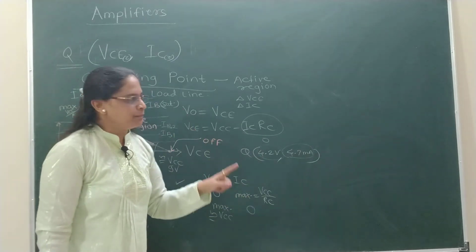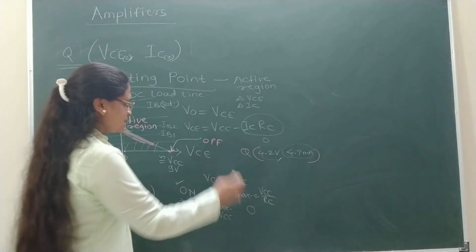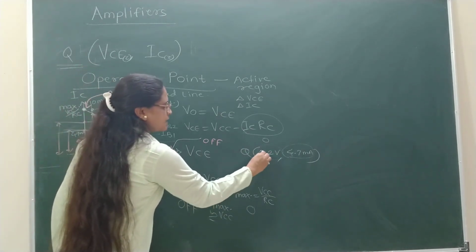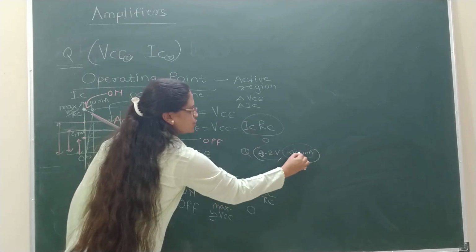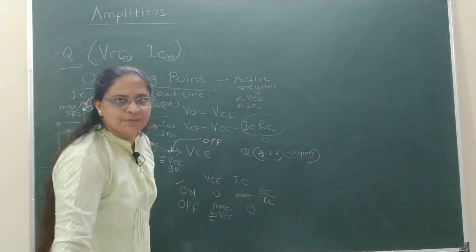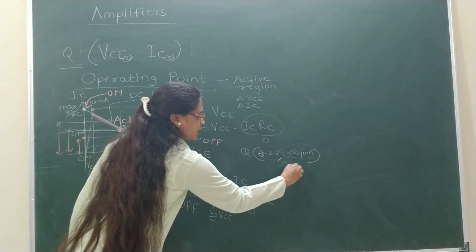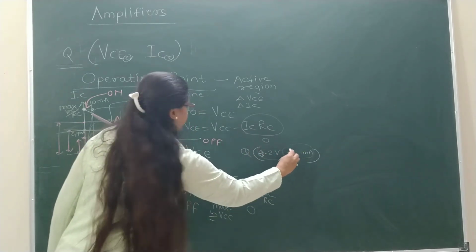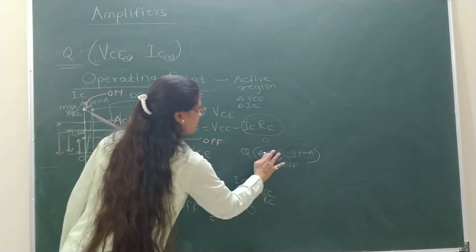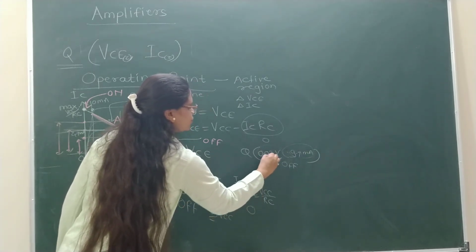That is the prediction. But whenever VCE increases, suppose here it becomes 8.2, the collector current may reach 0.007. Collector current has been reduced, so here it shows the off condition. But whenever collector current reaches, suppose, 9.7 milliampere, here VCE will show 0.02 volt.